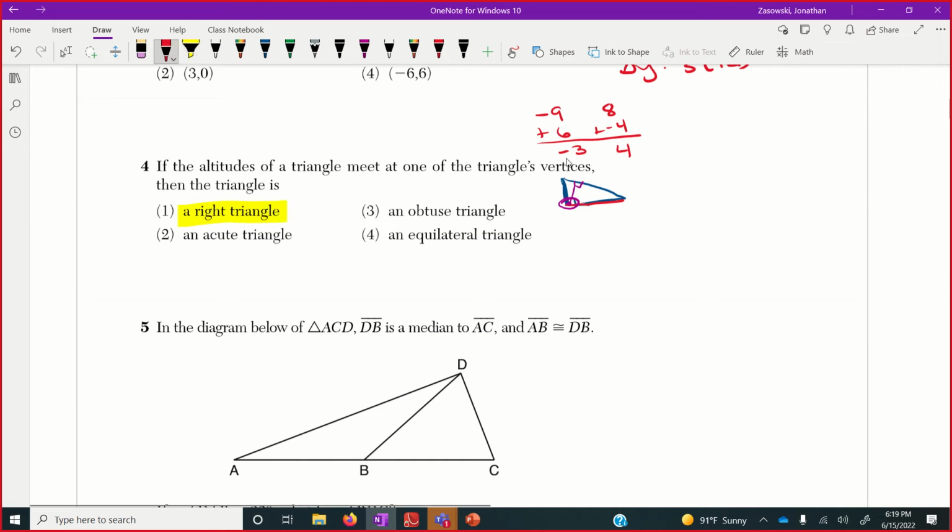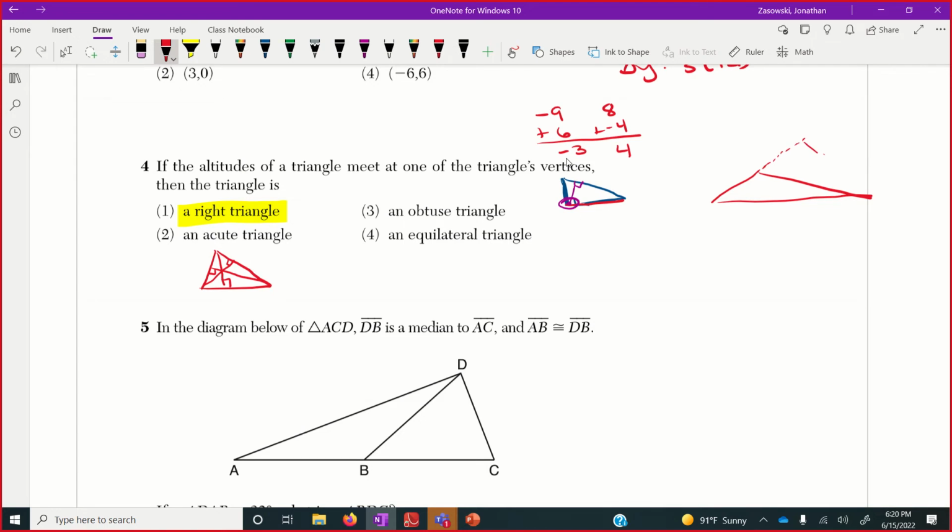Now, if we look at an acute triangle, this would be one altitude, that would be an altitude, this would be an altitude. They're going to meet inside the triangle, but not on the triangle, okay? So it's not going to meet at the vertices. If we look at an obtuse triangle, one that's super stretched out like this, in order to be perpendicular, this would actually be meeting somewhere outside the triangle, somewhere way over here.